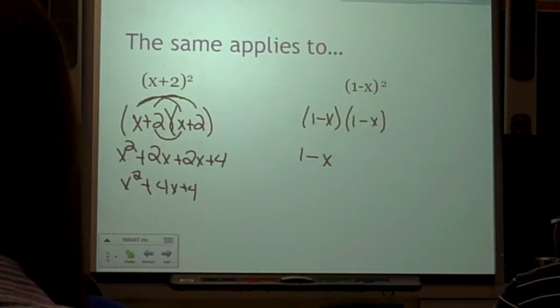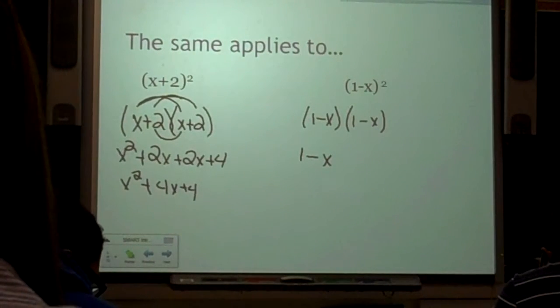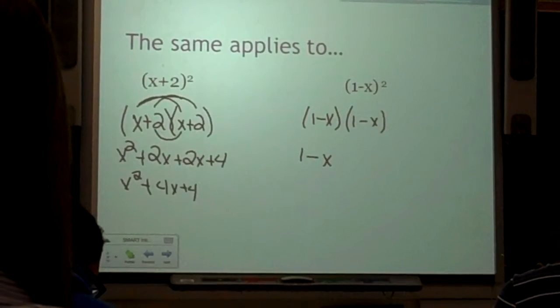What's the name of that property again? Identity property of multiplication. What's the identity property of addition? That's when you add plus 0. So there is a difference between multiplication and addition.